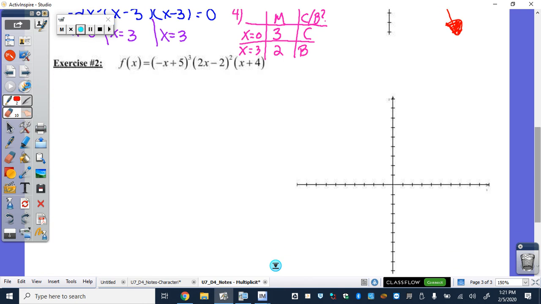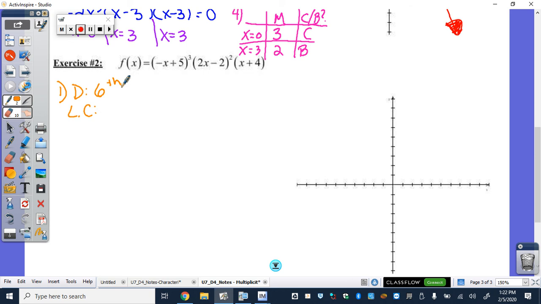All right, let's try it again. This time in factored form. Okay, first one. Got to figure out end behaviors. This one, factored form, we figure out the degree by adding the exponents. So 3 plus 2 plus 1 means that this is a 6th degree.